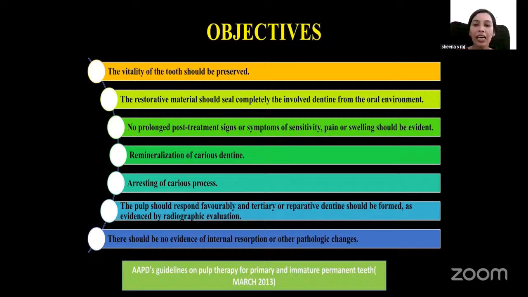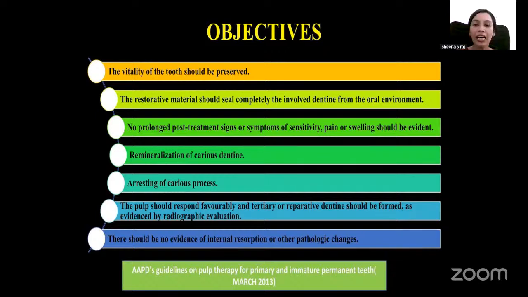Another objective is to help the reparative dentine formation or remodeling. The pulp should respond favorably, and tertiary reparative dentine should be formed and should be evident in the radiograph. And there should be no evidence of internal resorption.